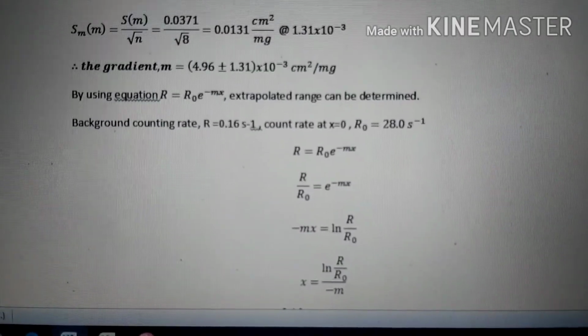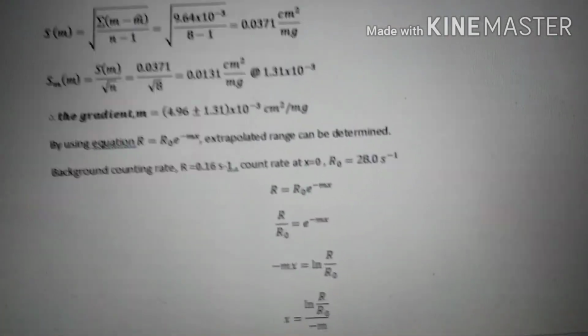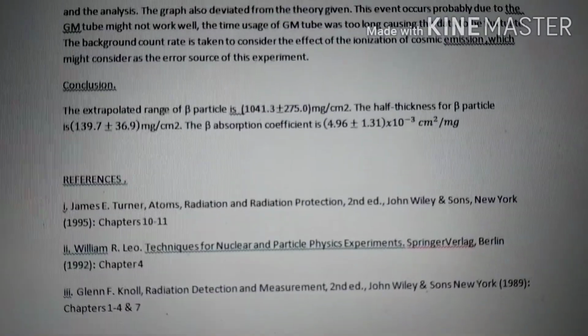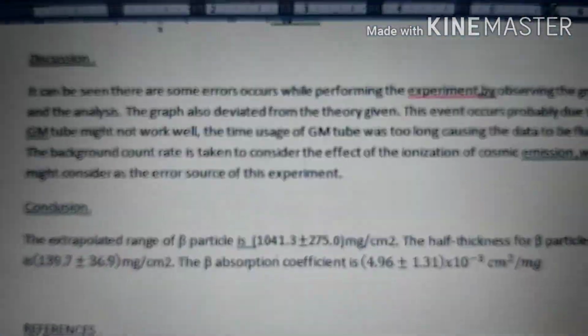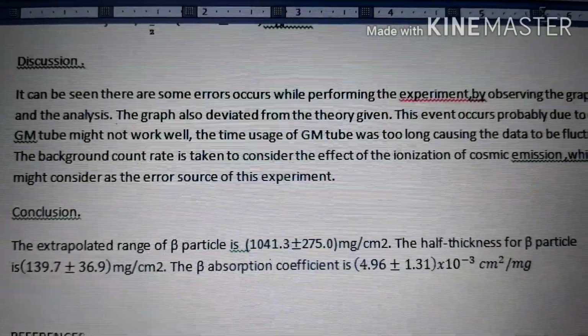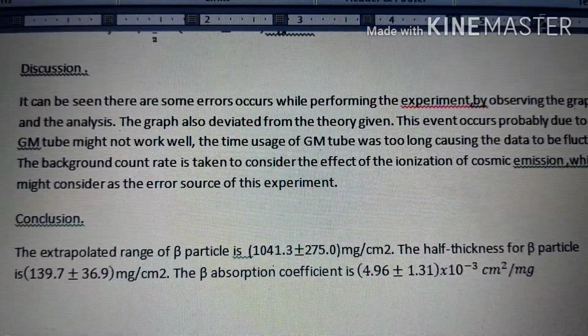The gradient will indicate the absorption coefficient of the beta particle. After we do some calculation, we can get the extrapolated range of the beta particle, the half thickness, and the beta absorption coefficient.